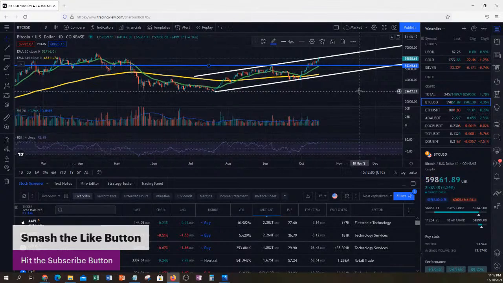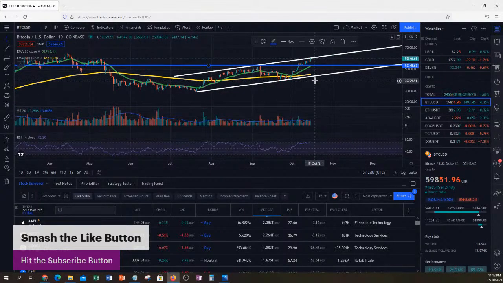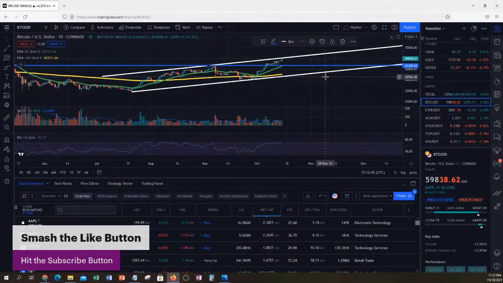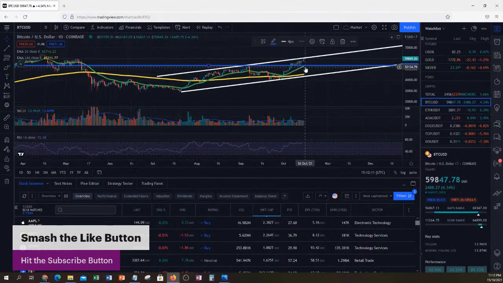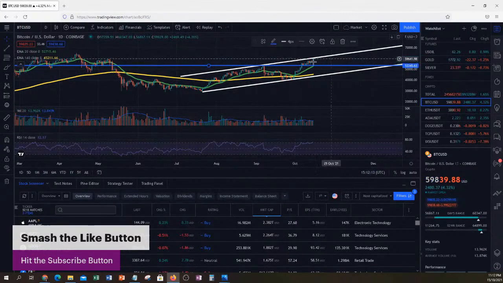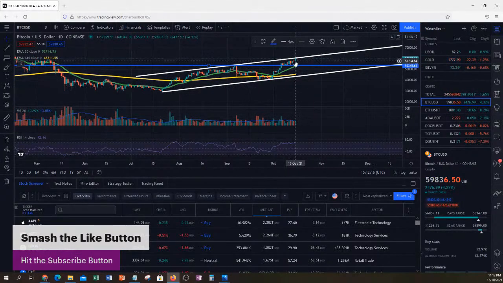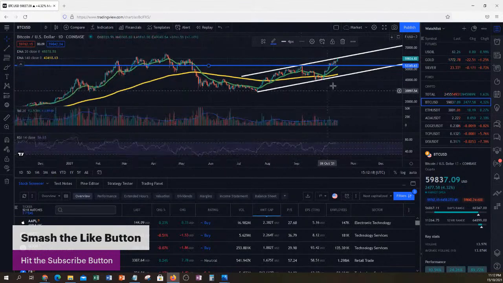And then you will see that we are currently being supported at 53,000. Right now we are trading above there, kind of a reverse wedge, I would say, and we are trying to break free of this line, which is somewhere around the 60,000 mark.